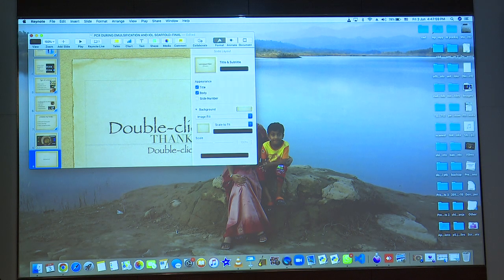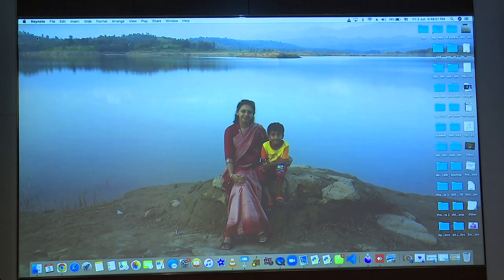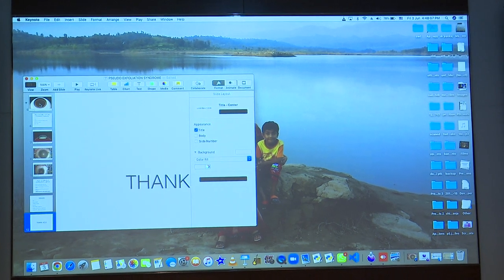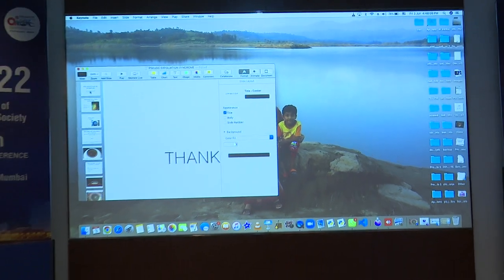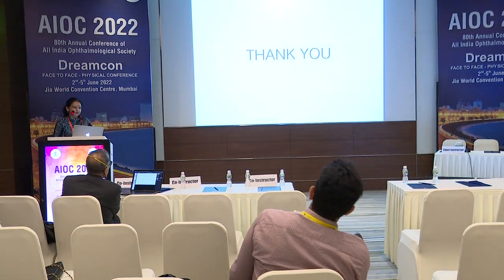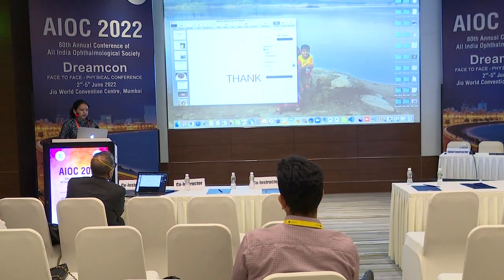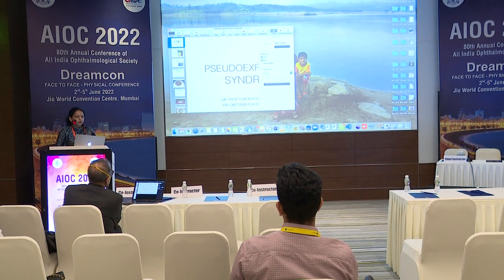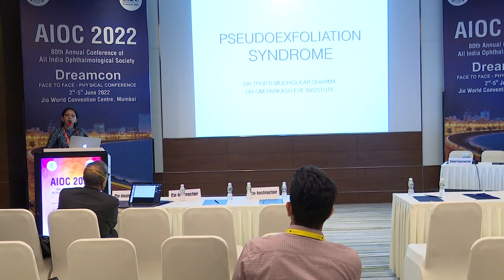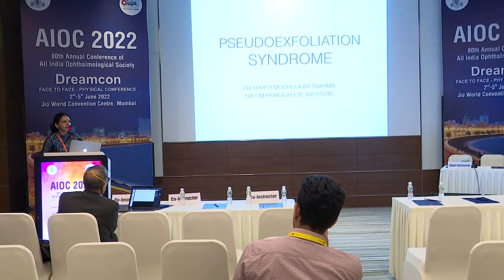Now the next I am going to talk about pseudoexfoliation, which is a very commonly encountered clinical situation. In a cataract list, we can see that the majority of the cataracts have some amount of pseudoexfoliation, at least in the Indian population.